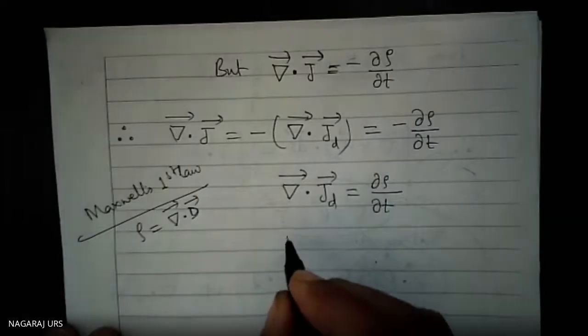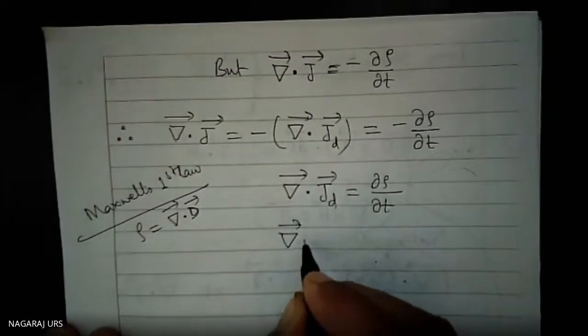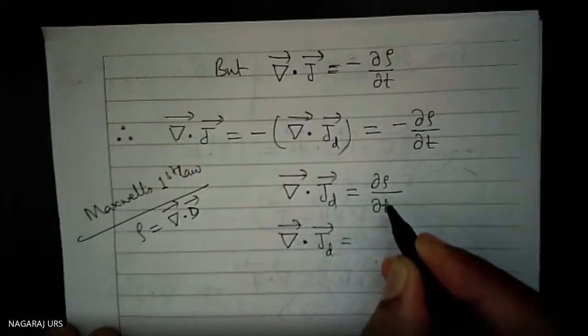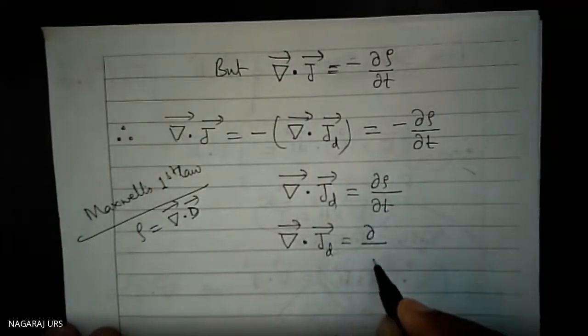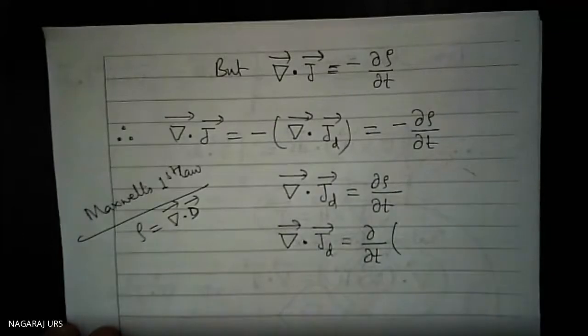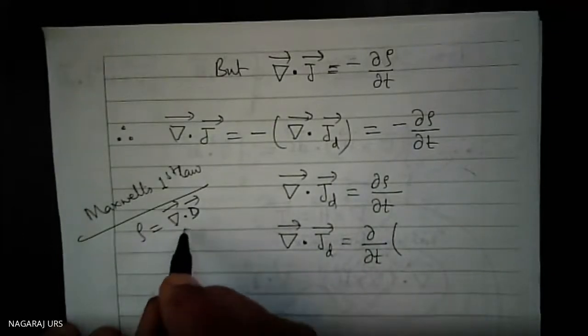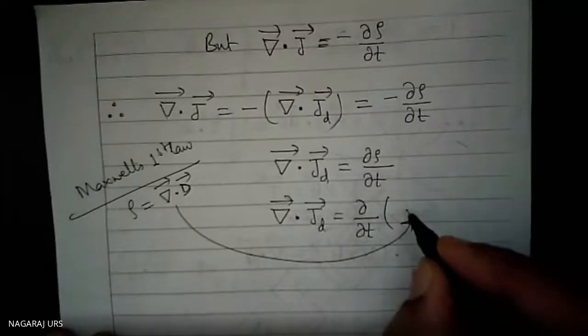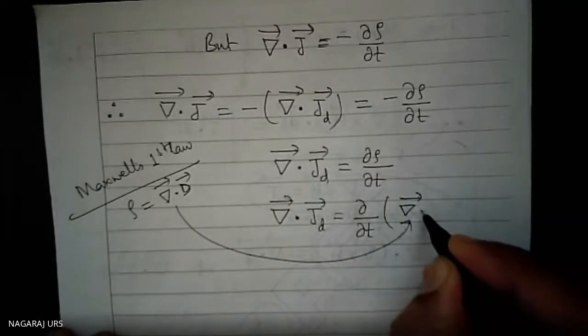So therefore, del dot Jd, this value can be written as del by del t of the rho value. I am supposed to do the substitution here. How much? Del dot D.